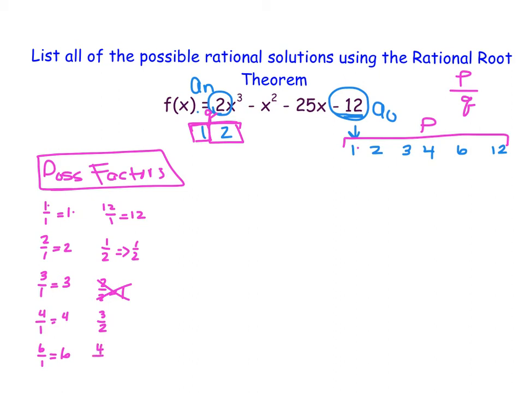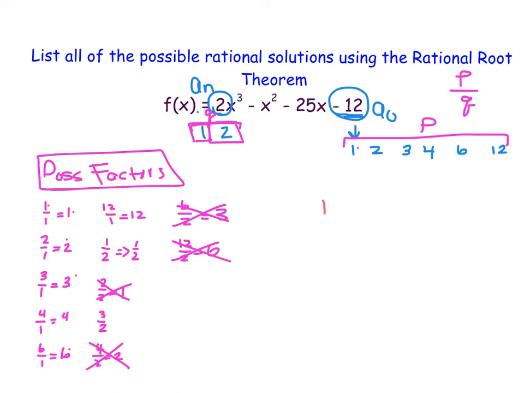I then have 4 over 2, which simplifies to be 2, but that's a value I already accounted for, so I can ignore it. 6 over 2 simplifies to be 3, which I already found, so I can ignore it. 12 over 2 simplifies to be 6, which is also a value I already found, so I can ignore it. So our list of possible zeros includes the following.